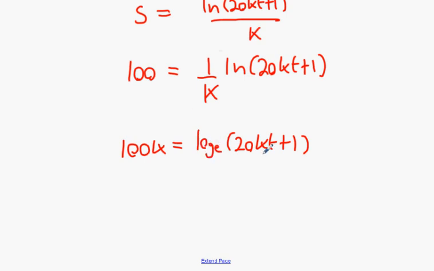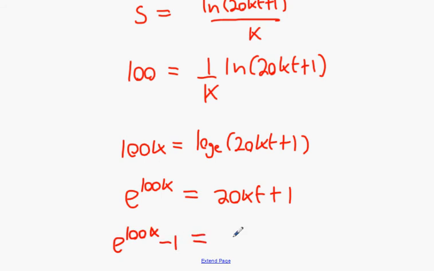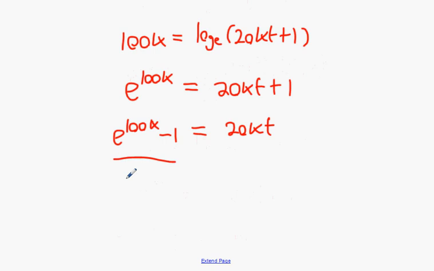We want to isolate the 20kt plus 1. So it's e to the power of 100k equals 20kt plus 1. Bring the 1 over to the other side. e to the 100k minus 1 equals 20kt. Isolate t by dividing by the 20k. Now, that's what t is.